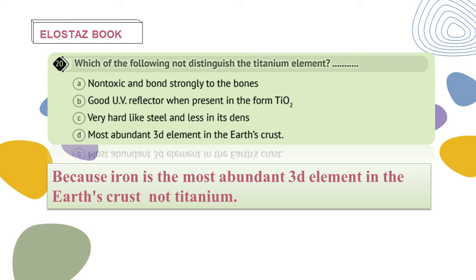This property only belongs to iron, the most abundant 3D element in the Earth's crust, not titanium. It's not a property that distinguishes titanium as an element. And this is the last question. I think it's an easy one, but we must read all the choices until we reach the end of the question.